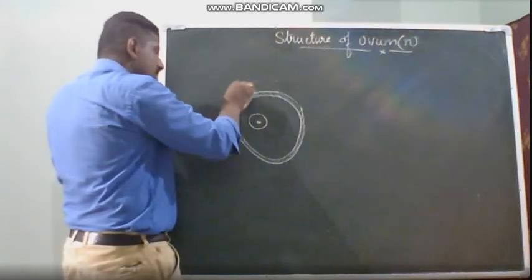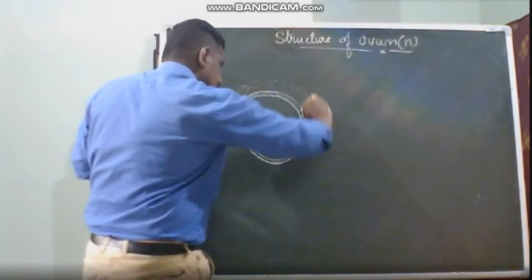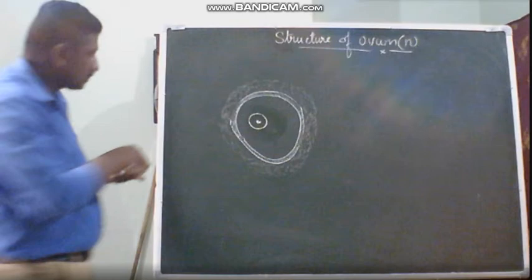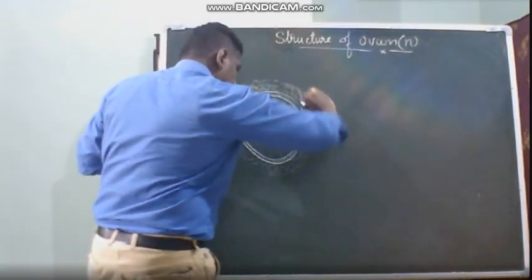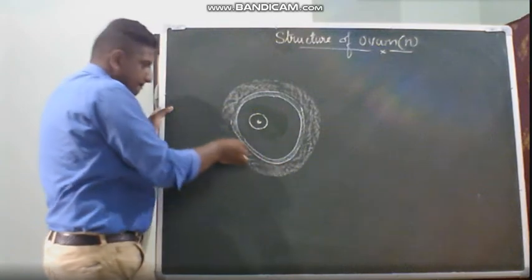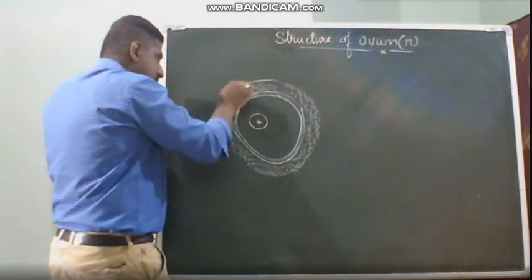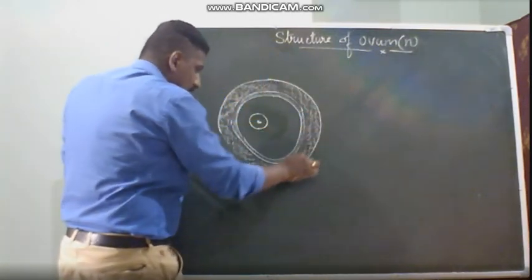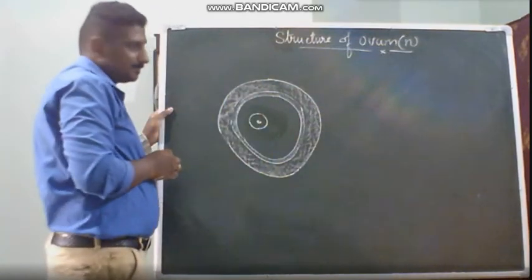But generally it is a very thin layer. So the vitelline membrane is over, and then one gelatinous membrane. This is called the primary egg membrane. The other name of the primary egg membrane is zona pellucida.